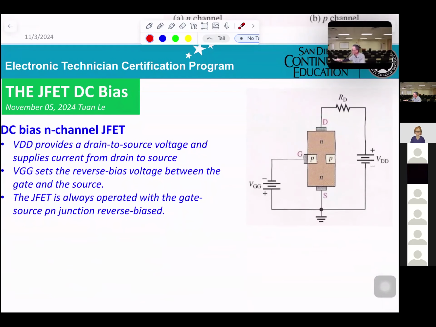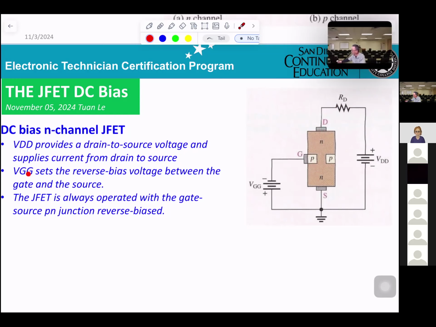Now, DC bias for N channel JFET. VDD provides a drain to source voltage and supplies current from the drain to the source. That means it supplies power for the current from the drain to the source.